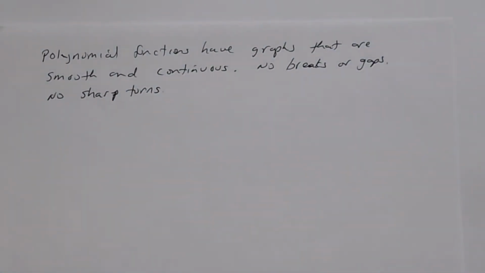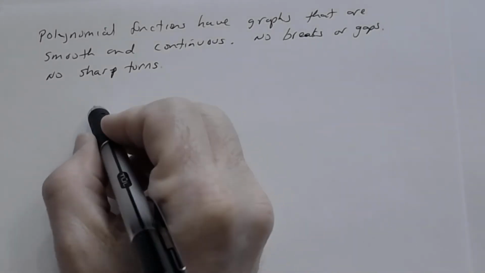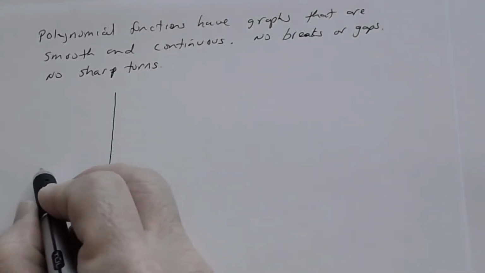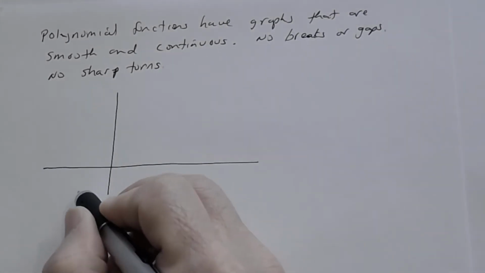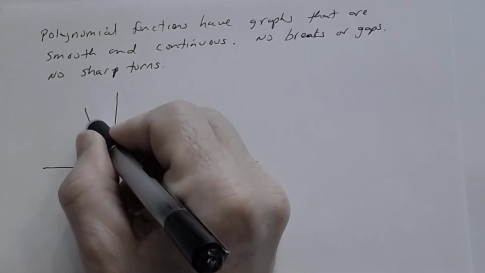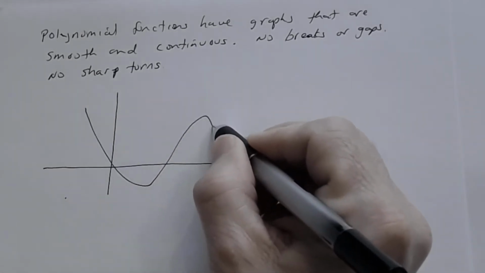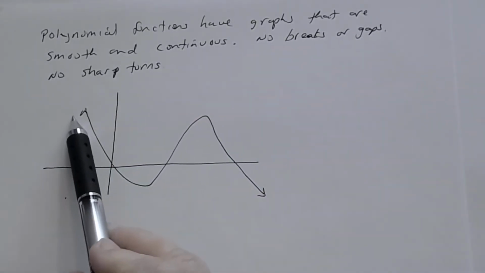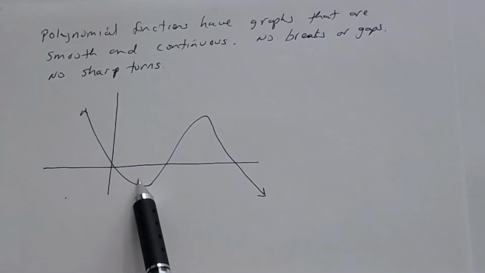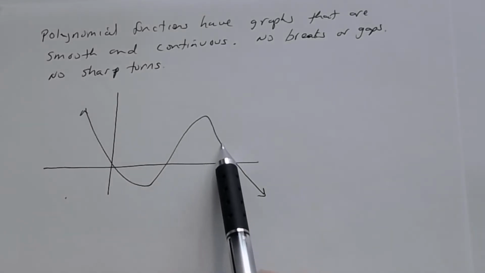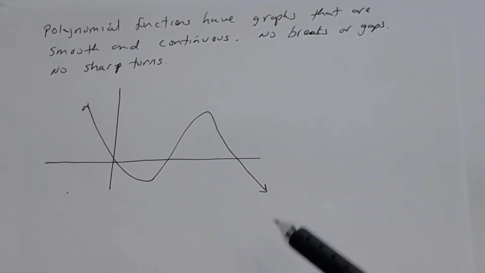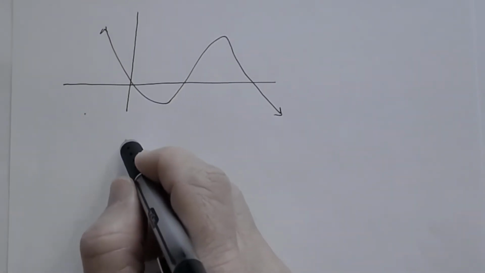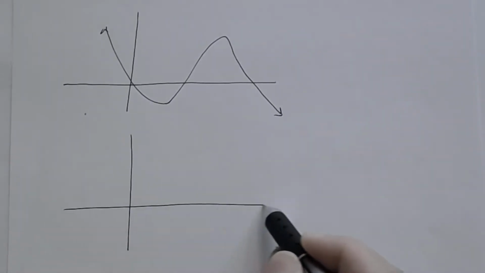So as a review from part 1, here are some examples. Let's suppose we had this polynomial function. Let's say it looks like this. All right, so that's an example of a polynomial function. Notice that it's smooth and continuous. Here's another example. We could have something that looks like this.